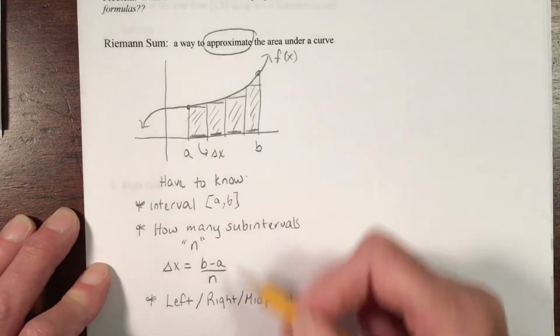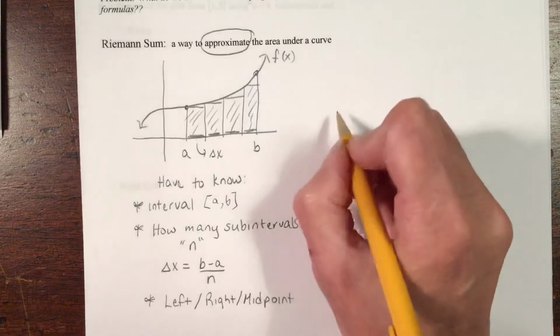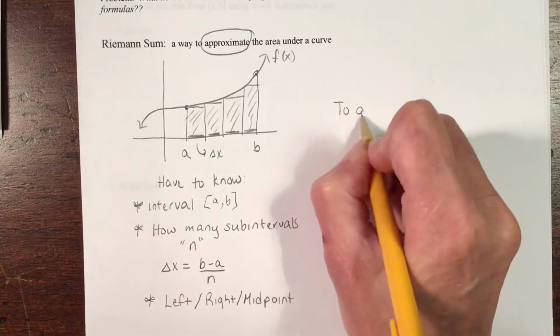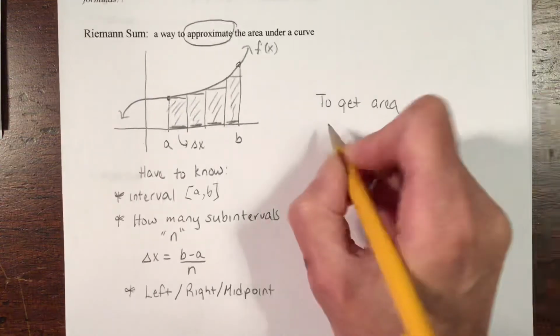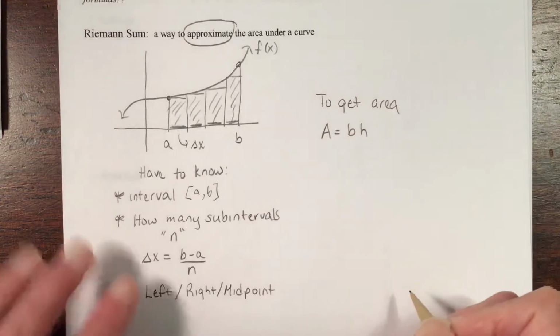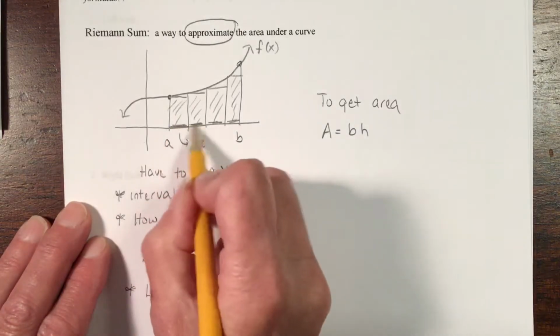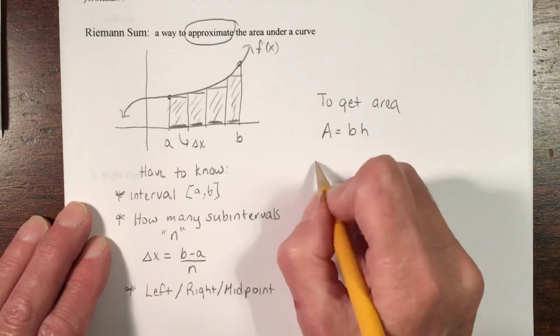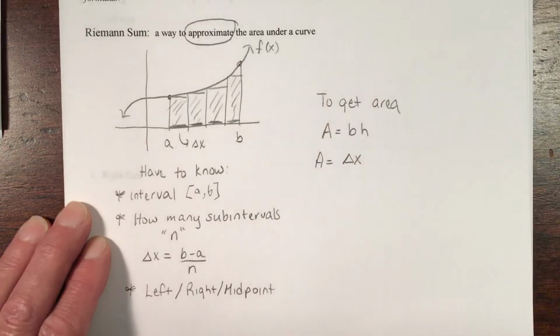Okay. So these are the pieces we know. And now let's connect this to see how we're going to get the area. To get the area, we're going to start with our area formula, base times height. Now remember, the base is the length of each interval. So our base in math notation is going to be delta x.